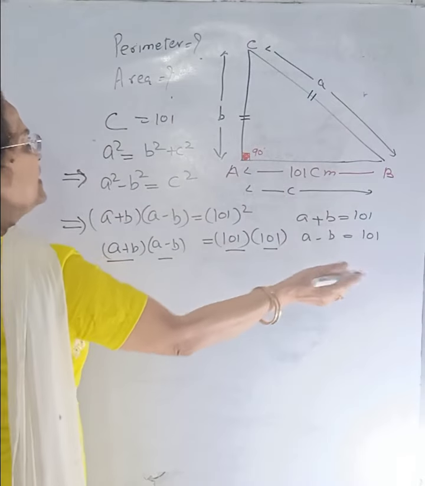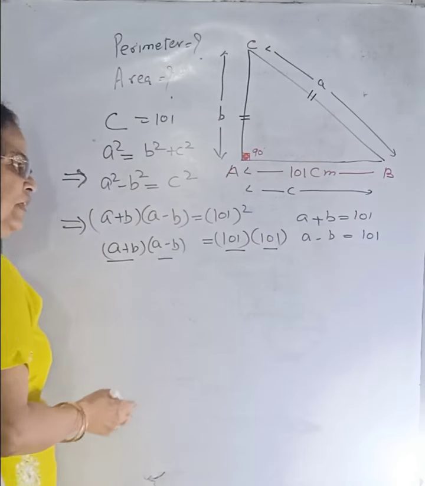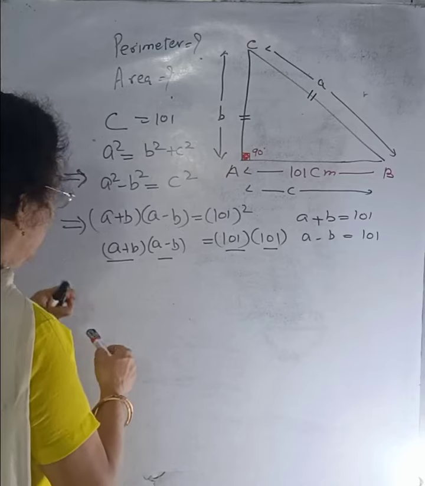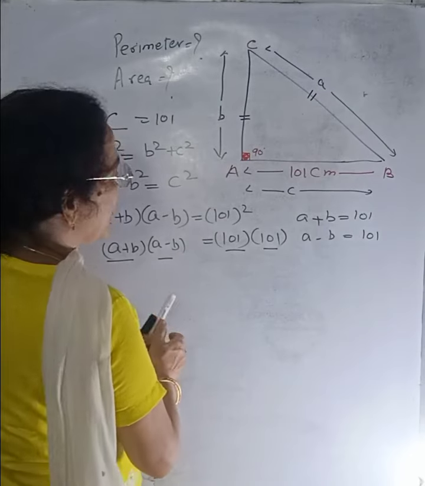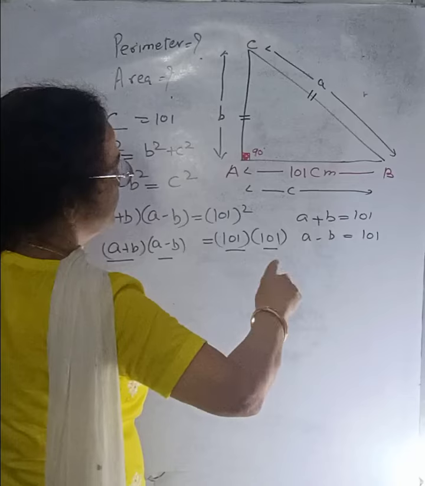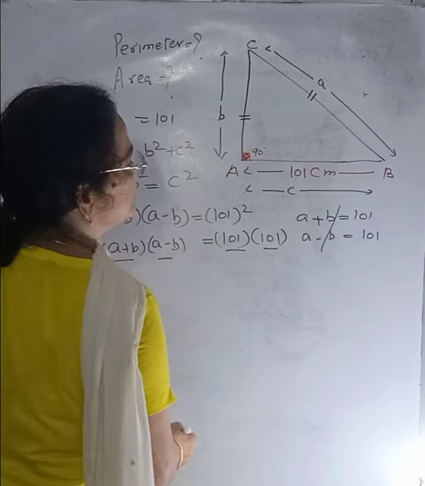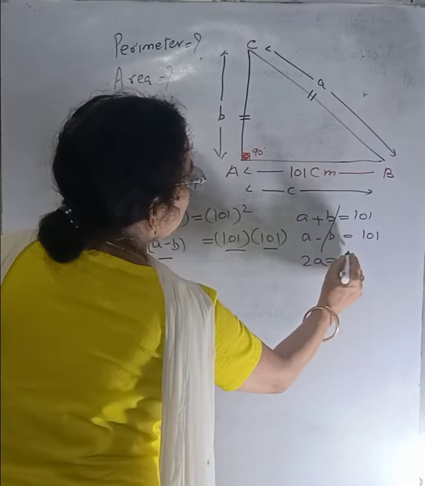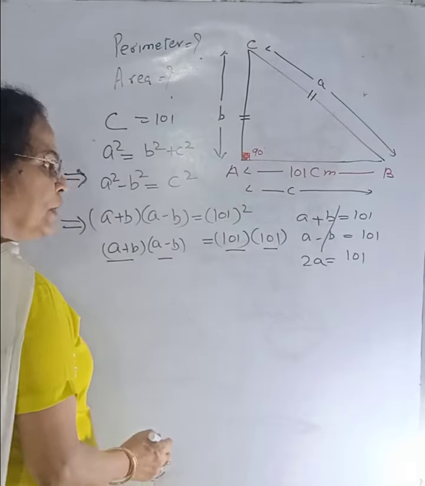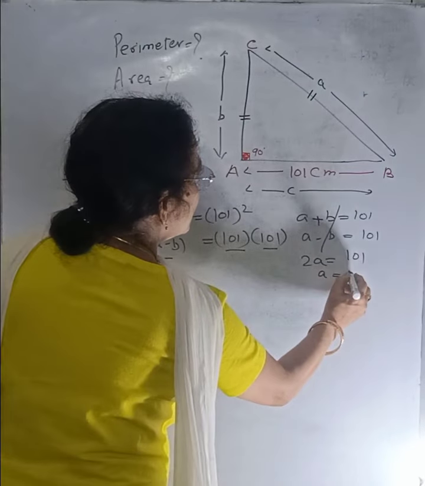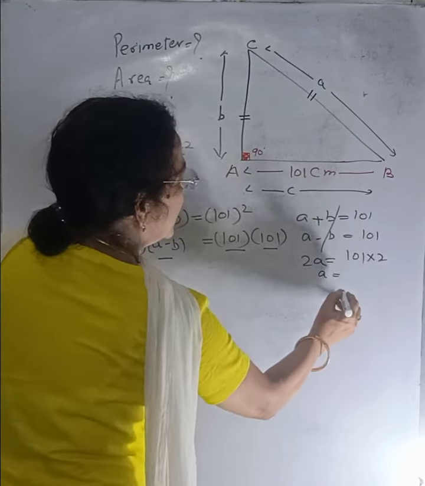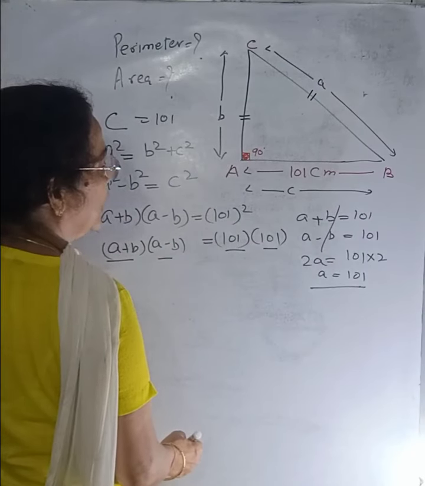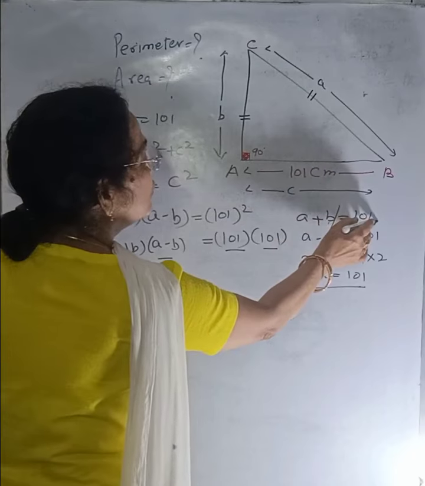Because राइट हैंड साइड का फैक्टर 101 into 101 है. एक फैक्टर A plus B के बराबर है, दूसरा A minus B के बराबर है. From this, if we add these, B will get cancelled, and 2A will be 101 into 2. It means A will be 101.